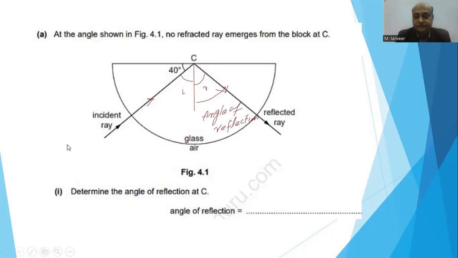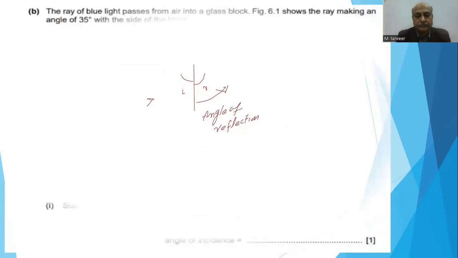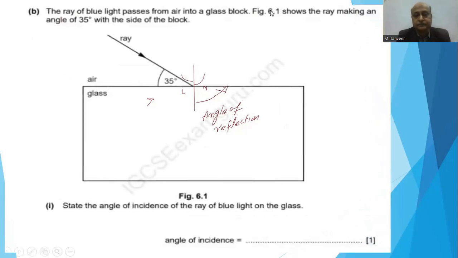Next question. The ray of blue light passes from air into a glass block. The figure shows the ray making an angle of 35 degrees with the side of the block. State the angle of incidence of the ray of blue light. Now you have to again find the angle of incidence.